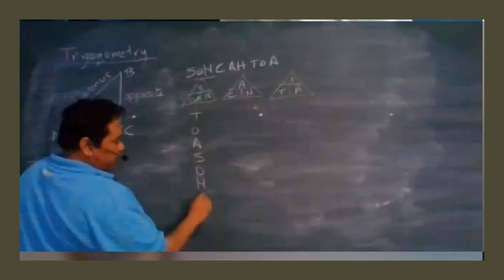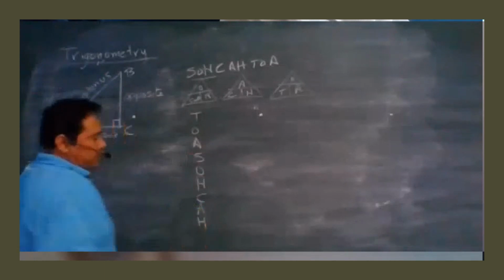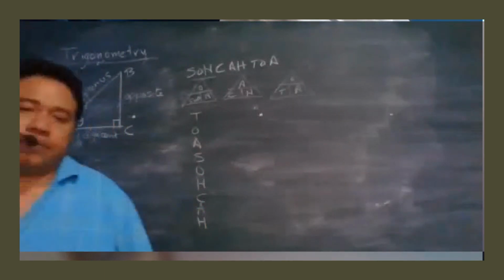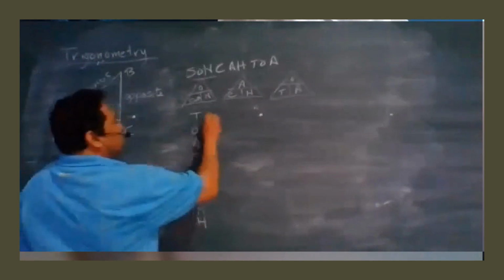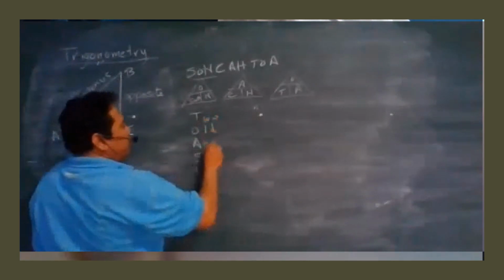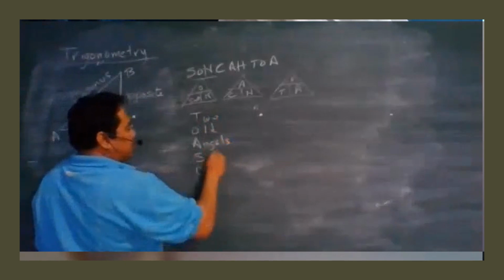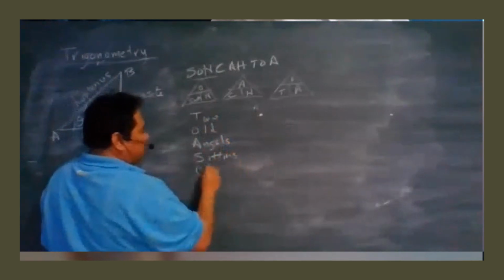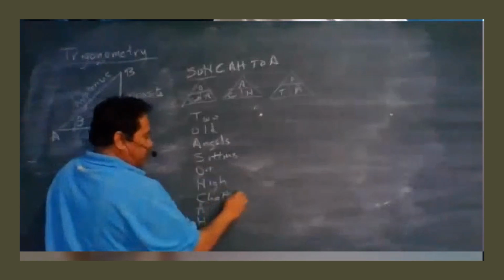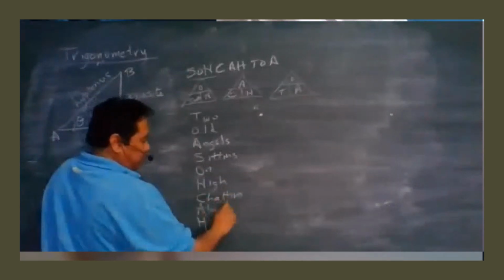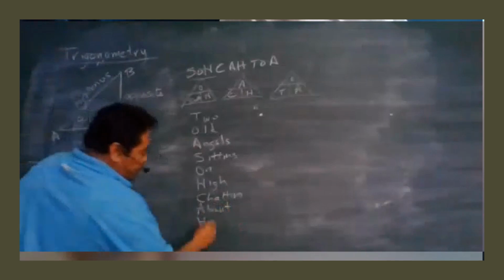where you use the first letter of every word to represent a value. So you say, Two Old Angels Sitting On High, Chatting About Heaven.